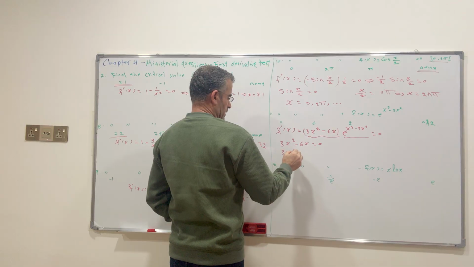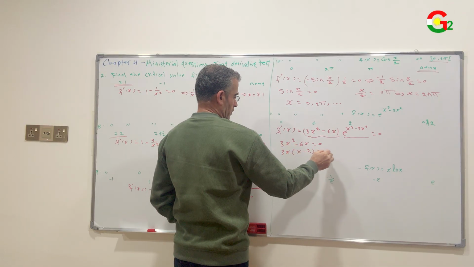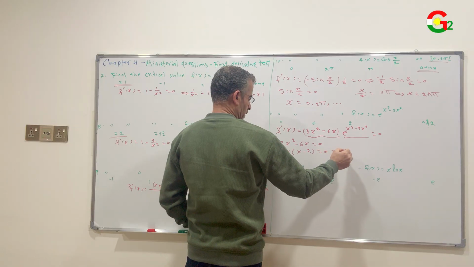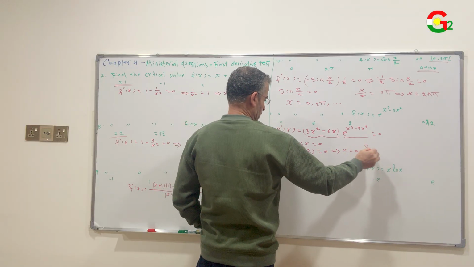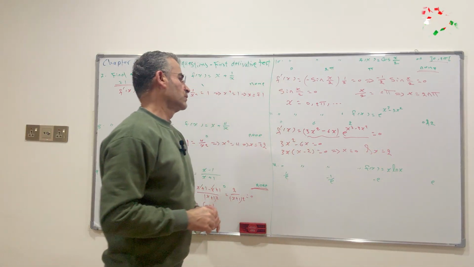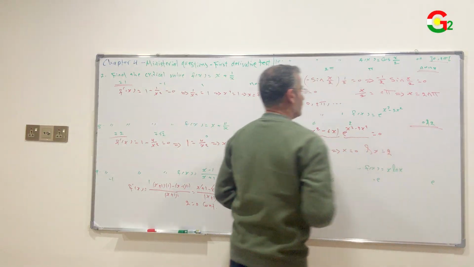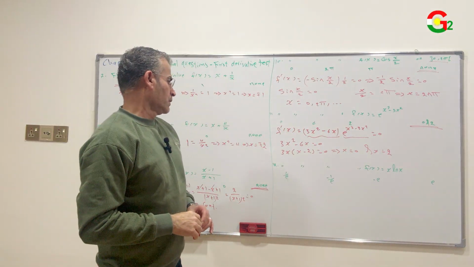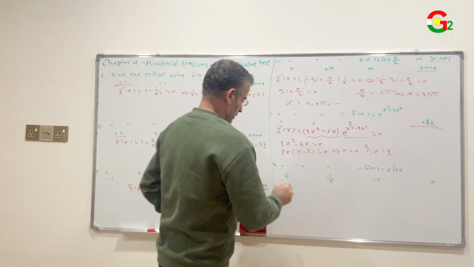Factorize by 3x: x minus 2 equals 0. Either x equals 0 or x minus 2 equals 0, it means x equals 2. There are two critical values, 0 and 2. Choice D.